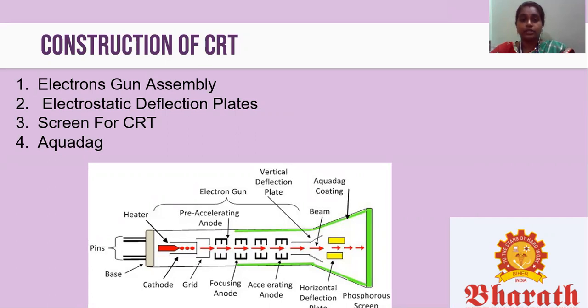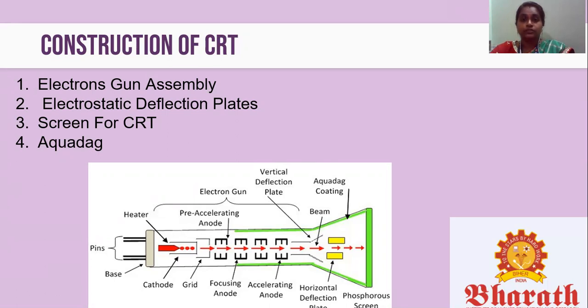The electrons are emitted from the highly emitting cathode. The cathode is cylindrical in shape, and at the end of it a layer of strontium and barium oxide is deposited, which gives a high emission of electrons. The electrons pass through the small hole in the control grid. This control grid is made of nickel with a centrally located hole which is coaxial with the CRT axis.